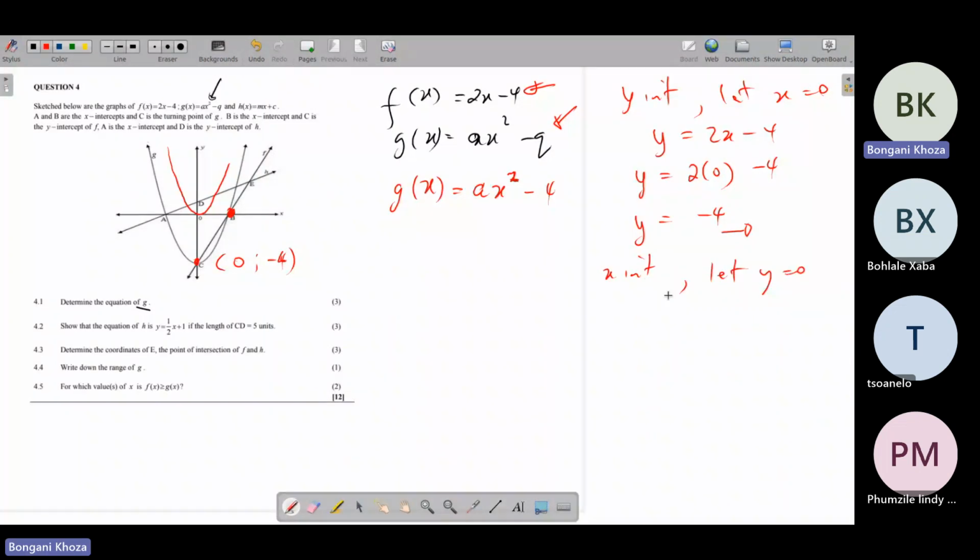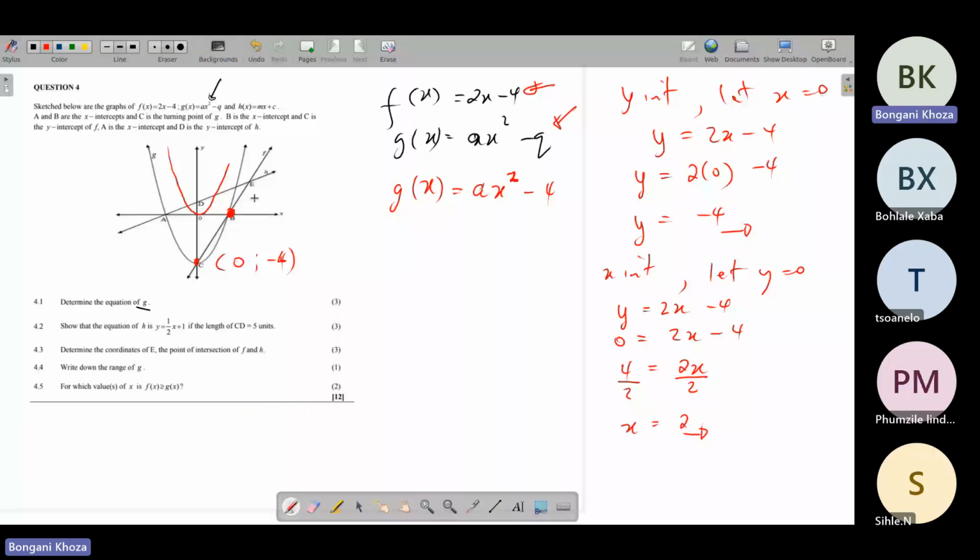So y equals 2x minus 4. Wherever I see y, I plug in 0. So 0 equals 2x minus 4. And then I end up with 4 equals 2x. I divide by 2 on both sides and end up with x equals 2. So that means the coordinate for b over here is 2 and 0.